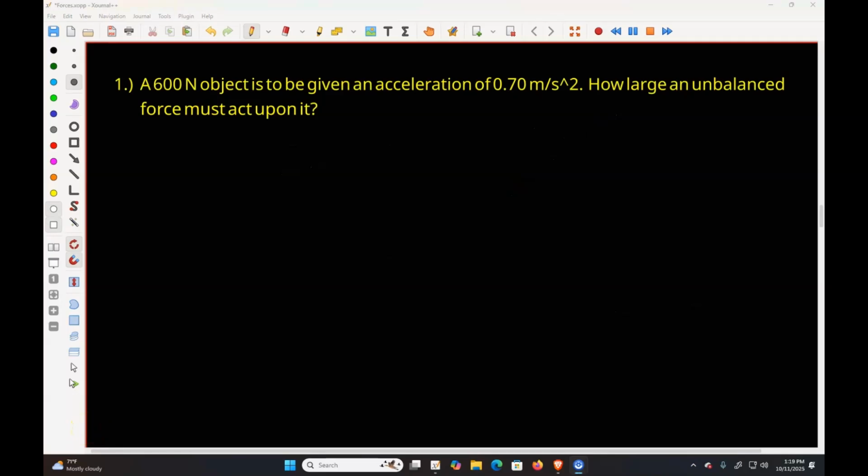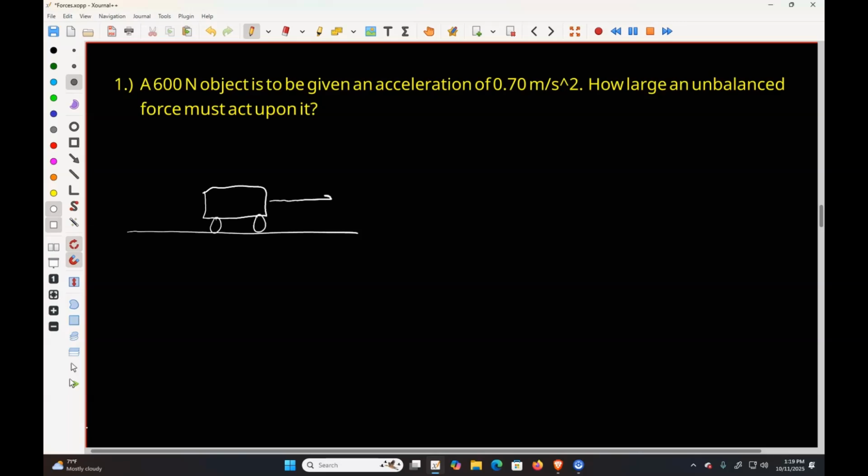Our first sample problem: a 600 Newton object is to be given an acceleration of 0.70 meters per second squared. How large of an unbalanced force must act upon it? So if I just draw it like a little cart here.